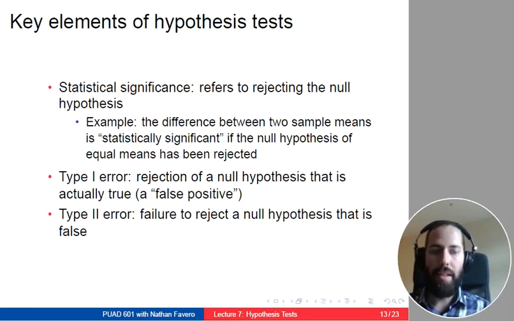Our null hypothesis would probably be that the email or the text message has no effect. And if we had a type 1 error, that would mean that in reality, the message had no effect, but we made a mistake. We accepted a certain risk that we might be wrong with our conclusion, and we were wrong. We said that the email had an effect, and it didn't. That would be an example of a type 1 error.